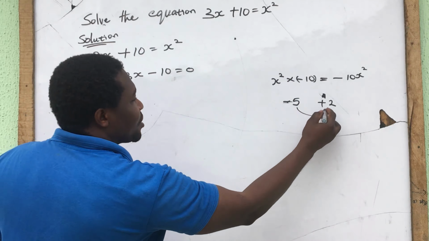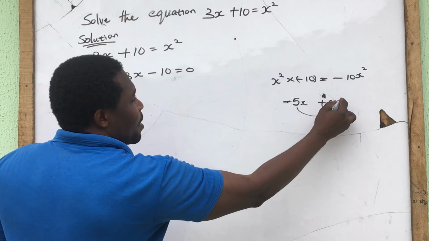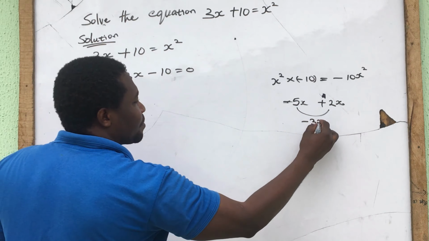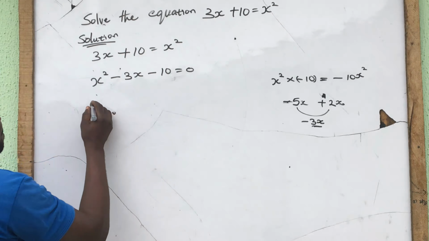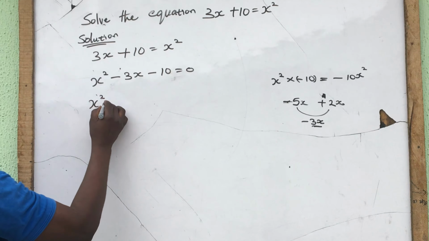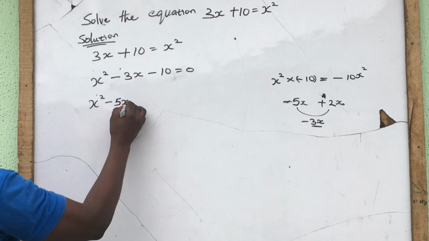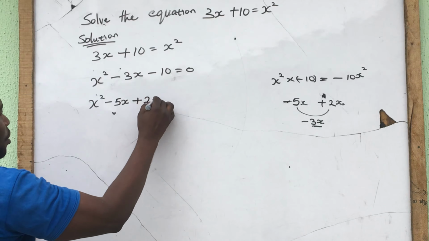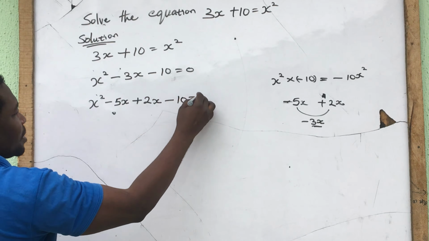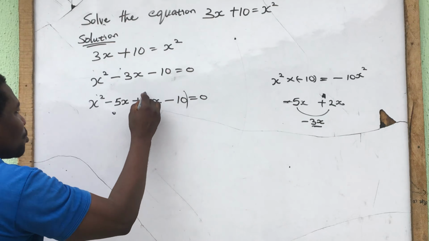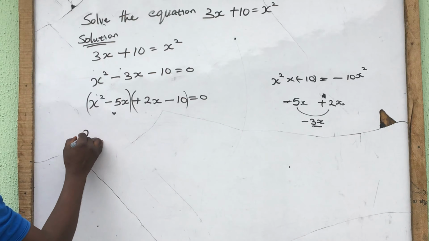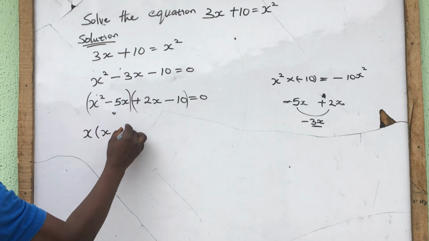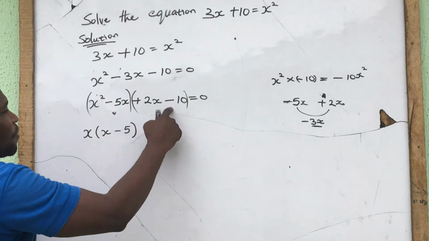So from this together now, we have 3x, which is this. So from that, I'm going to have x squared minus 5x plus 2x minus 10 equals 0. So if I group them together, I'm going to have x into x minus 5. Look at that. Then what's common here?